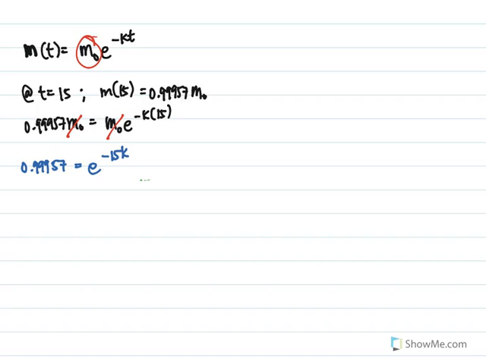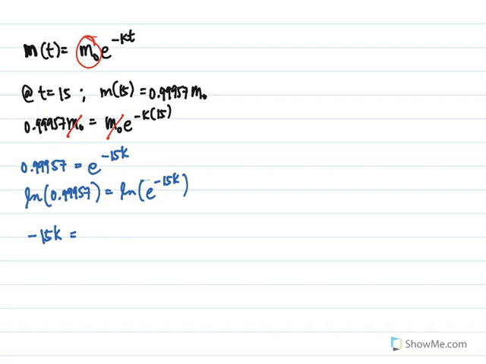So we solve for k by taking ln of both sides. ln of 0.99957 is equal to ln of e raised to negative 15k, or mawawala na yung e, magiging negative 15k.